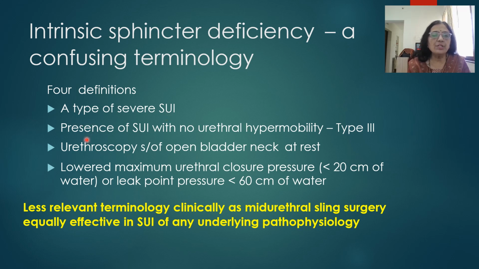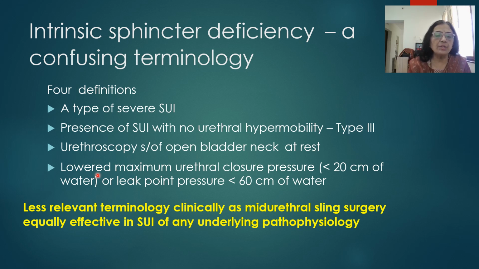Second definition is presence of SUI with no urethral hypermobility, which we will see in the classification later as type 3 SUI, where urethral hypermobility is absent and urethral position is normal, but SUI is present. Third definition is on urethroscopy, if you can see an open bladder neck at rest, then it is defined as a case of intrinsic sphincter deficiency.